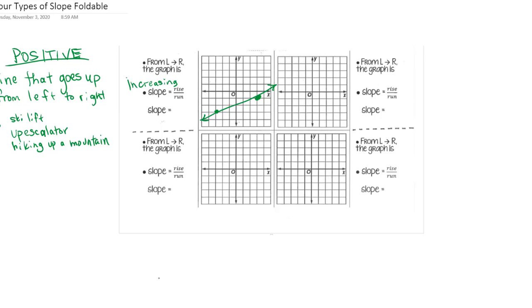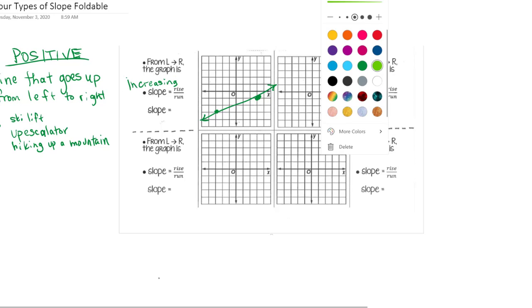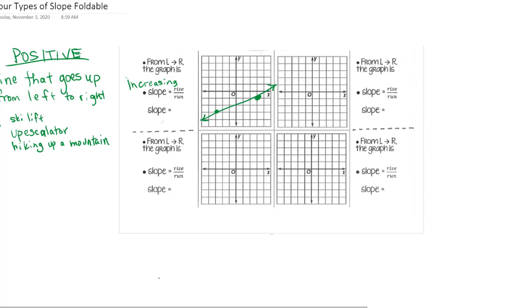If we have the graph, we can draw our little slope triangle. And we would see that the vertical side of that is 2 vertical, and the horizontal side of that is 6. And that would simplify to 1/3. And that's one way to do it.